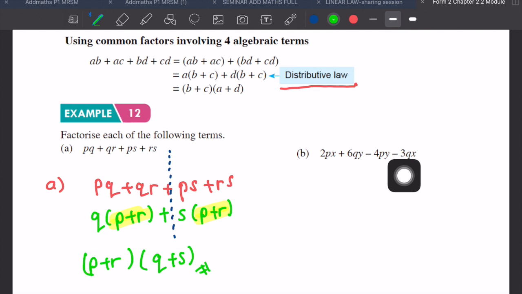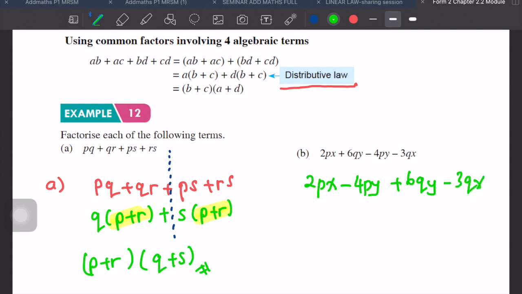Okay, next. Kita ada 2px, 6qy, 4py, 3qx. Sekarang pastikan sebelah-sebelah dia ni ada benda yang sama. Kita cuba susun. So 2px sebelah dia qy, tak ada yang sama kan? So 2px, ni ada, minus 4py, plus 6qy minus 3qx.